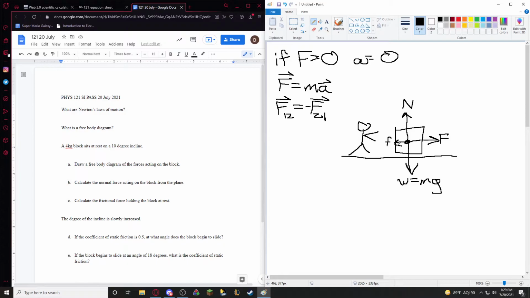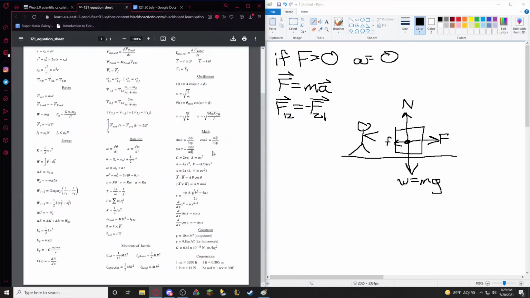So one more thing we want to know is, how do we calculate a friction force acting on an object? Well, if the object is at rest, then I know that there are those two equations that we use, which is like the friction coefficient times the force.